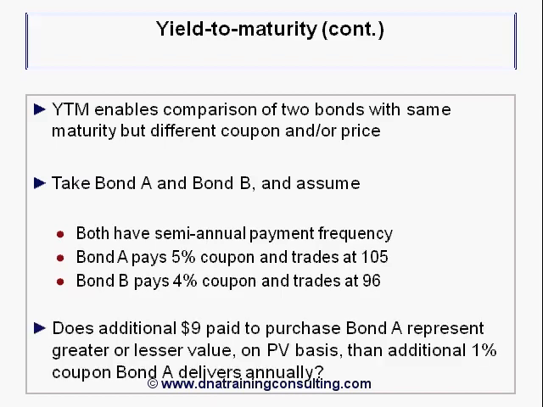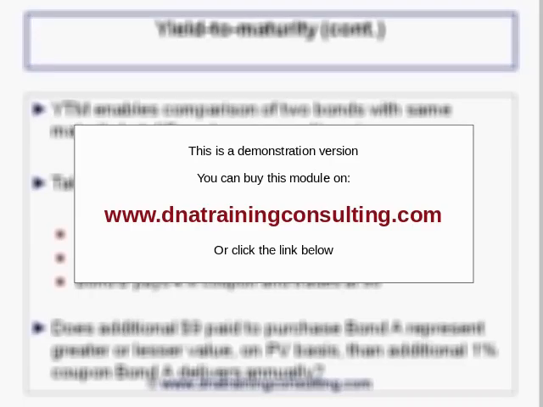The question is whether the $9 additional paid to purchase bond A represent greater or lesser value on a PV basis than the additional 1% coupon this bond delivers annually, also on a PV basis. This comparison is tricky because it needs to reflect the time value of money and the different entry prices under the two bonds.